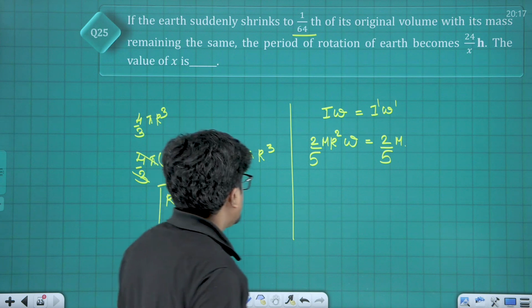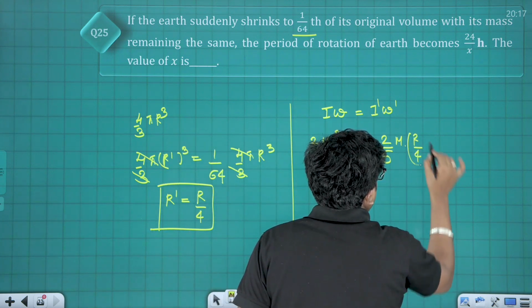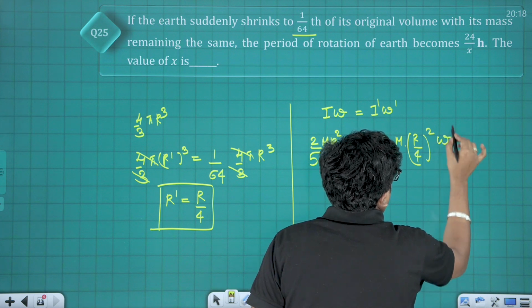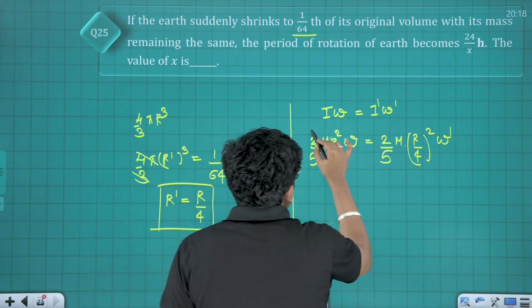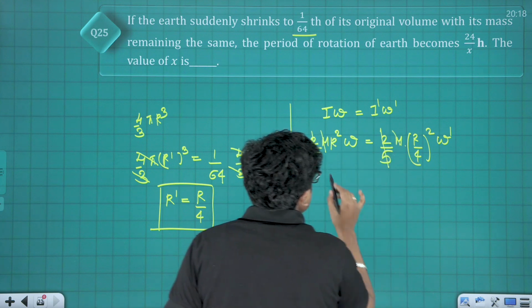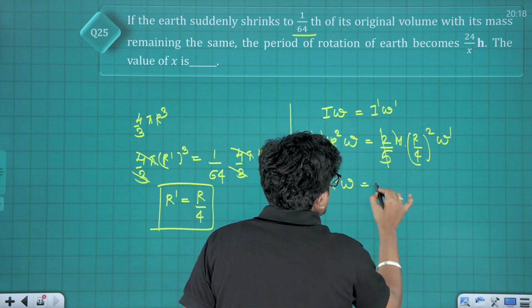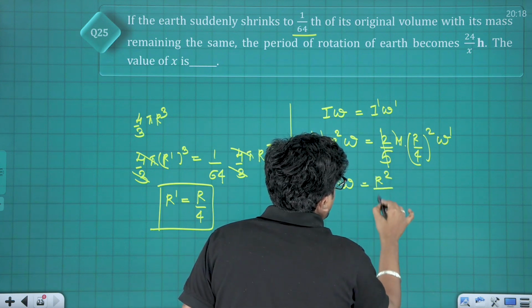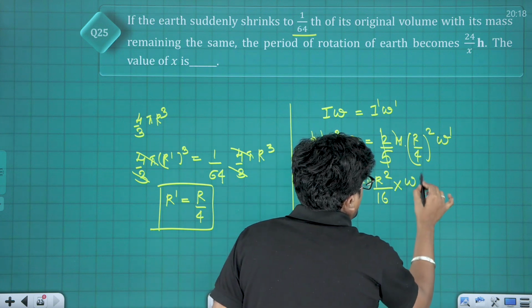What is the new radius? It is r by 4, all squared, into omega dash, isn't it? Now 2 by 5 and 2 by 5 will cancel, m and m will cancel. Here this is r square into omega is equal to r square by 16 into omega dash.